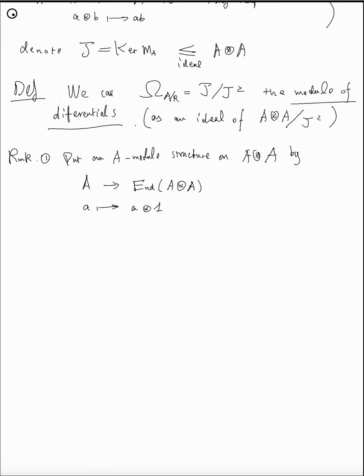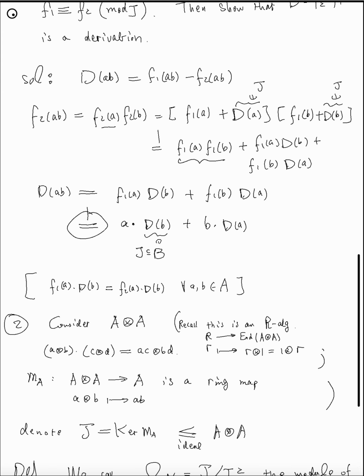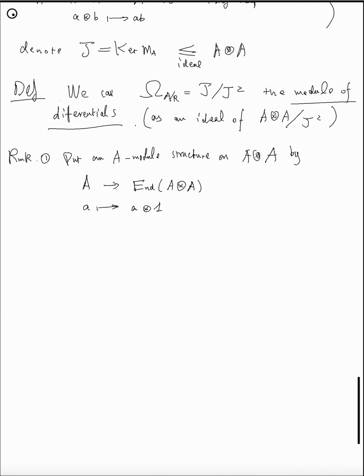So tensor A, because both are rings, so it's okay, just have ring morphism, and then this endomorphism is given by multiplication of this element.